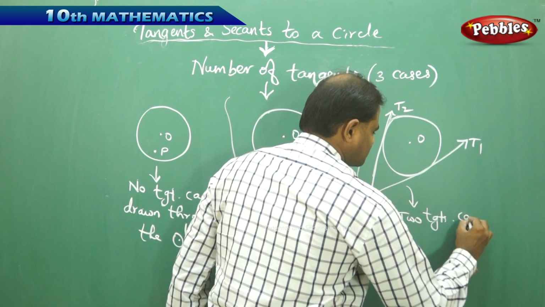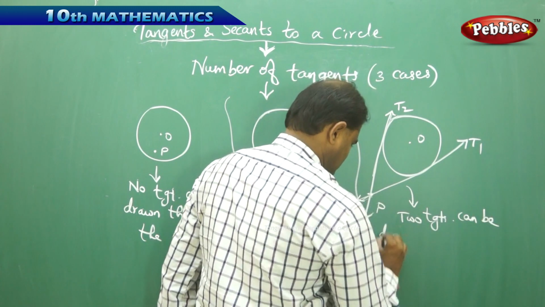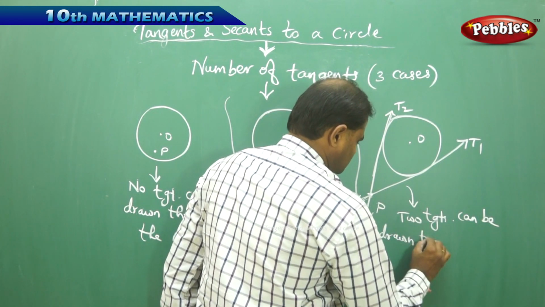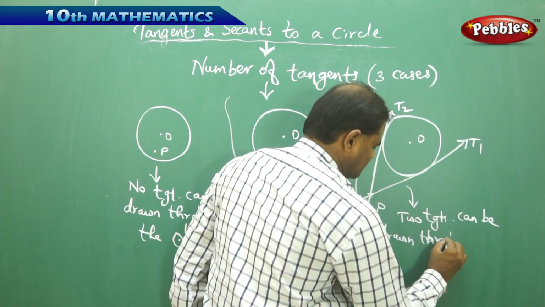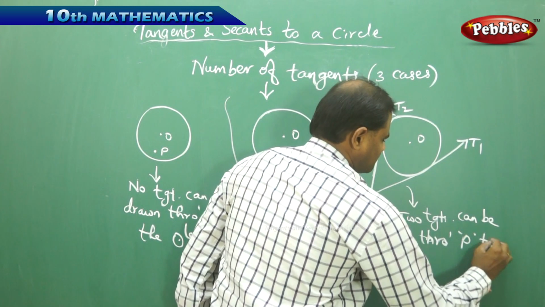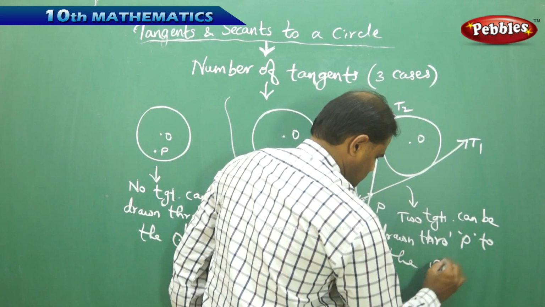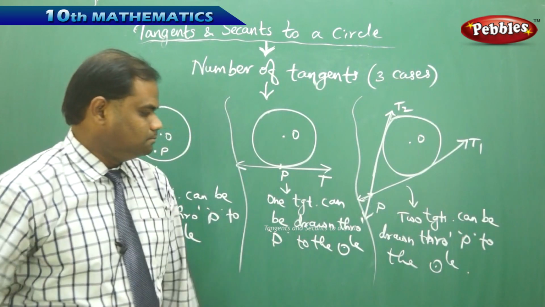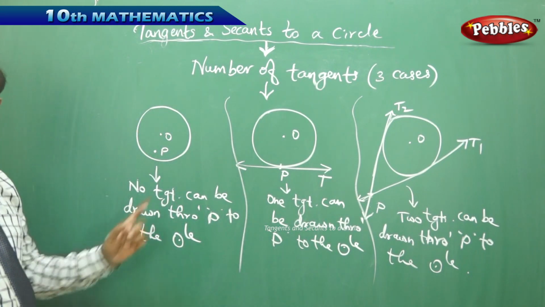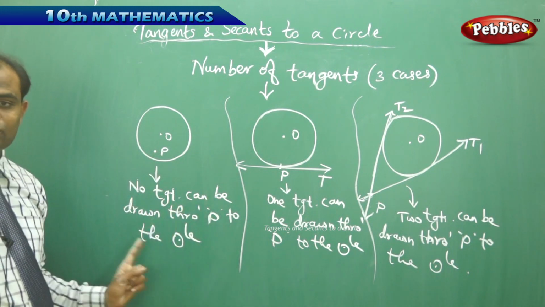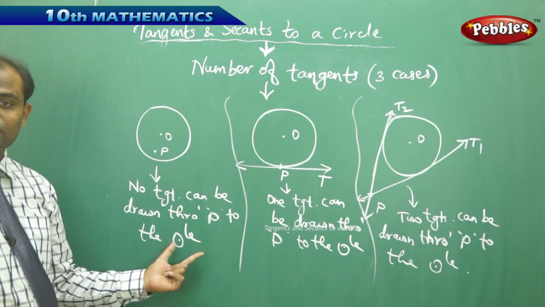Two tangents can be drawn through P to the circle. So is how we understand the three cases where if P is inside the circle, there is no tangent which can be drawn through P to the circle.